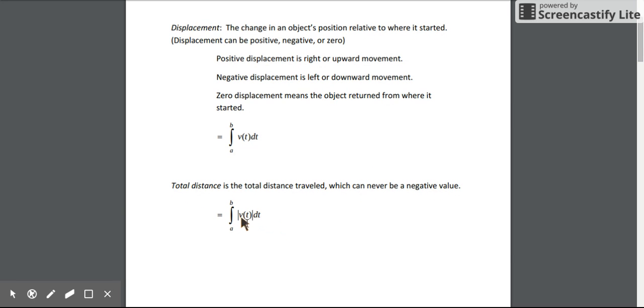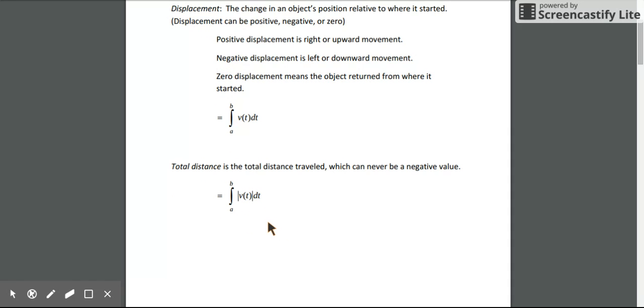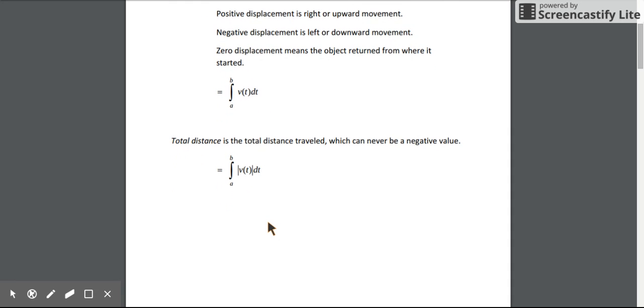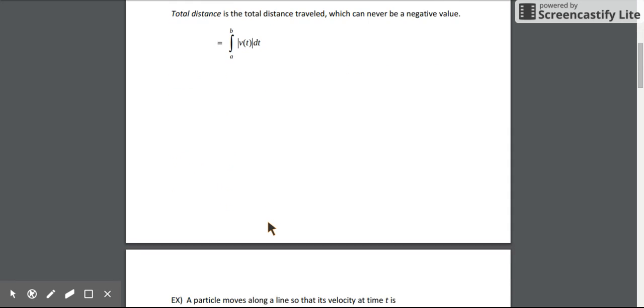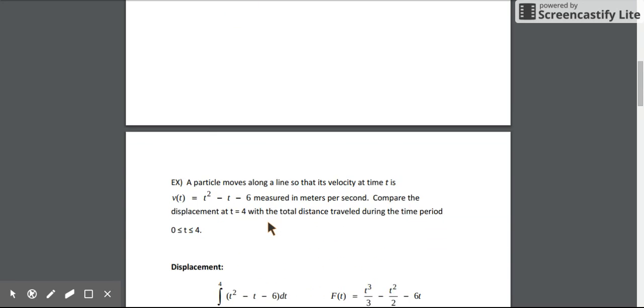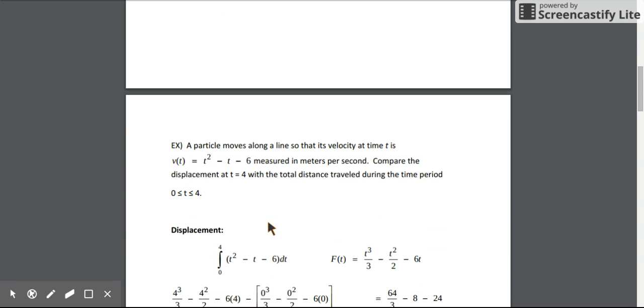Our calculator can do that for us and make it really easy. Without a calculator, it takes a few more steps and is a little bit more difficult to do, but we'll do both. So let's look at an example where we can find the displacement change and then talk about how much distance this object moved.